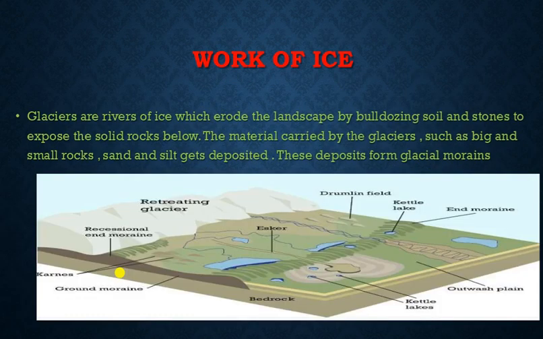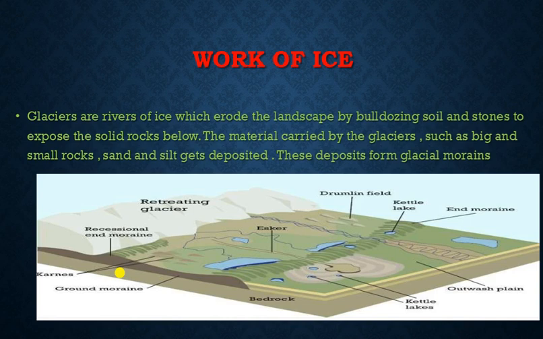Now let's move forward. We'll talk of the work of ice. You know what glaciers are? Glaciers means moving ice. When ice is accumulated along the steep slope on the mountains, then the underlying rock stratum is having continuous accumulation on it of a huge volume of ice.